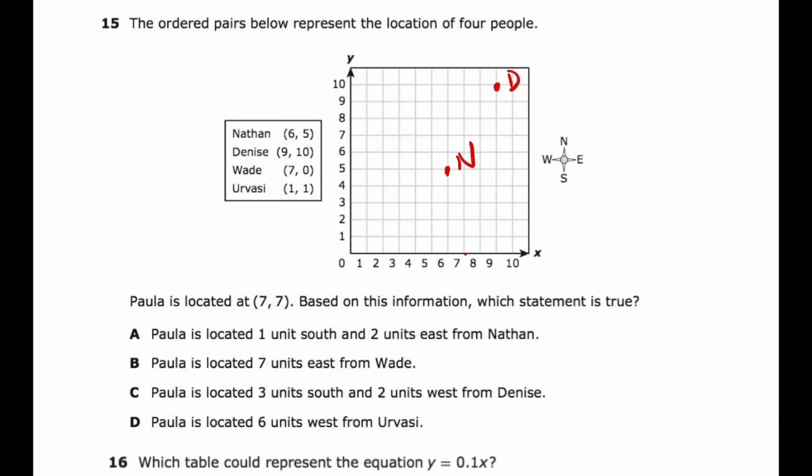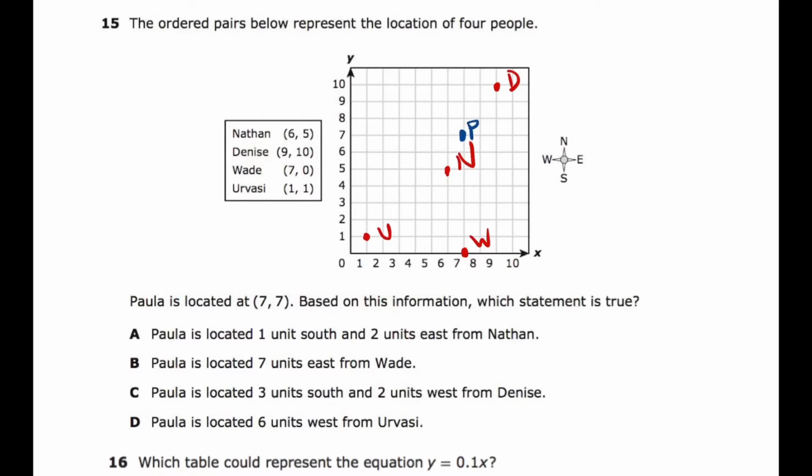Wade is at (7,0). And I don't know how to say that name, but that person is at (1,1). Then it tells us that Paula is located at (7,7). So special point, Paula is at (7,7).